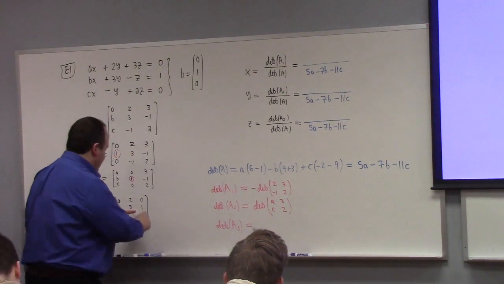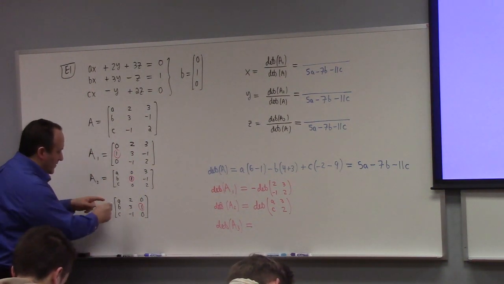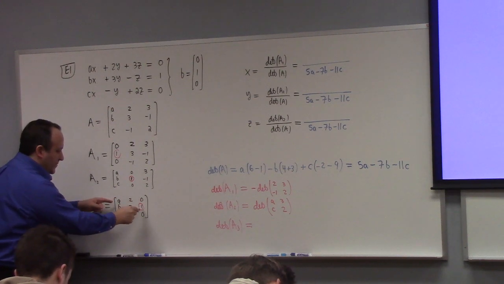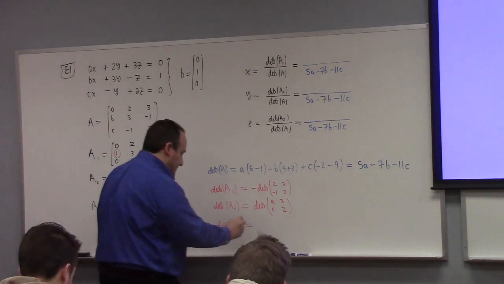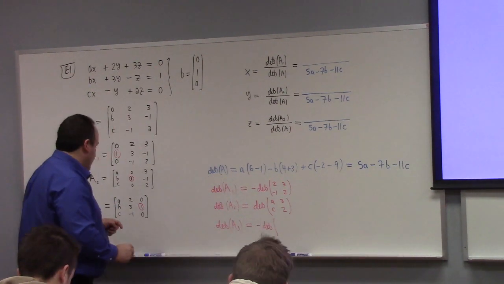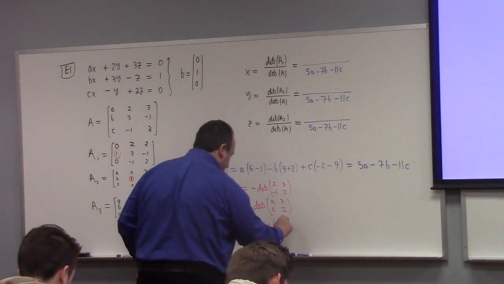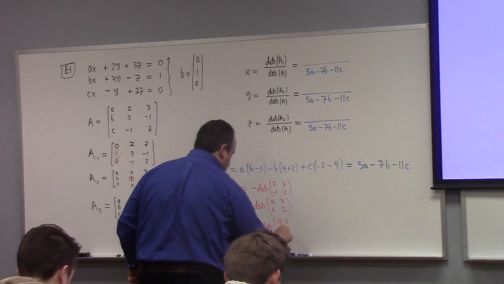All right, so I'm going to expand on this one here for my Laplace expansion on the third column. Plus, minus, minus. So minus the determinant of, let's see, A2, C minus 1. All right, what do those work out to?